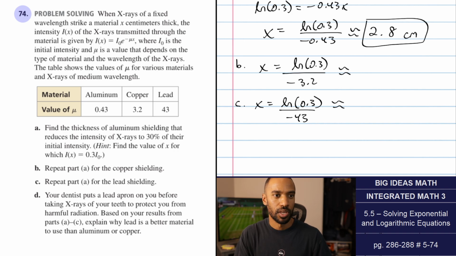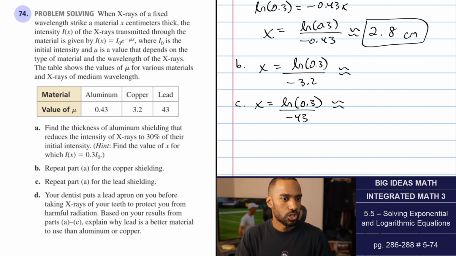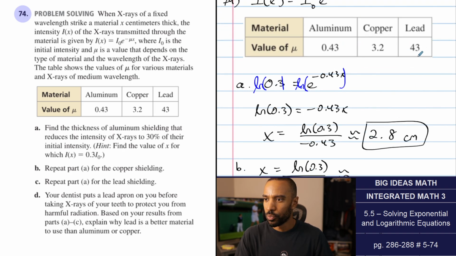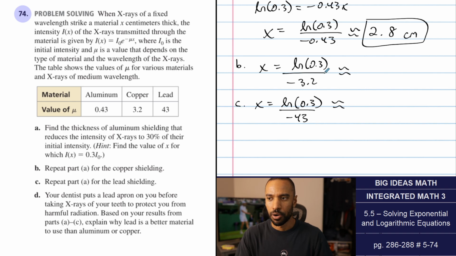They obviously become less thick, as lead needs less thickness for the shielding. So let's do over negative 43. It's 0.43 and 43, so what, 100 times less? We'll see what that is eventually.